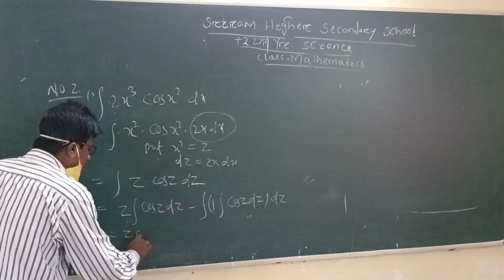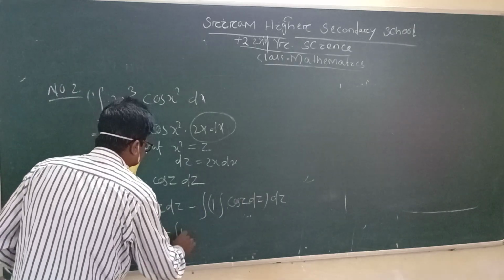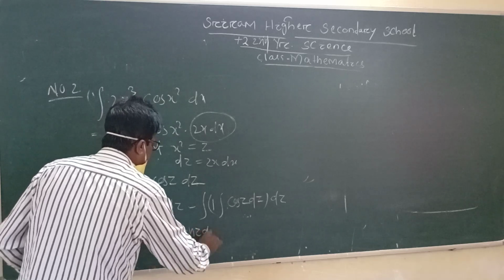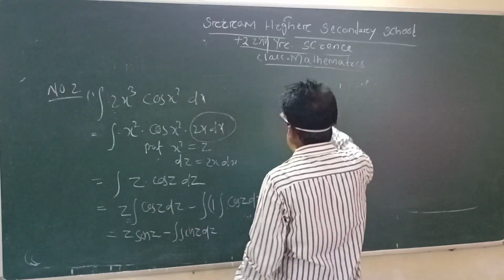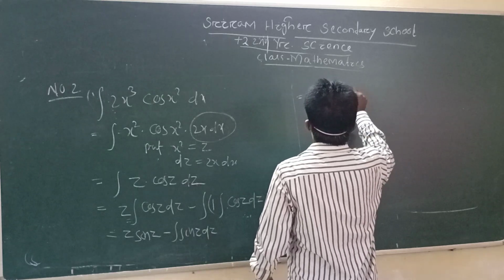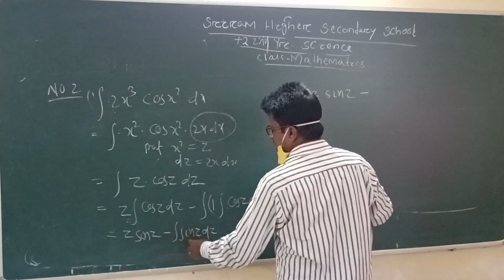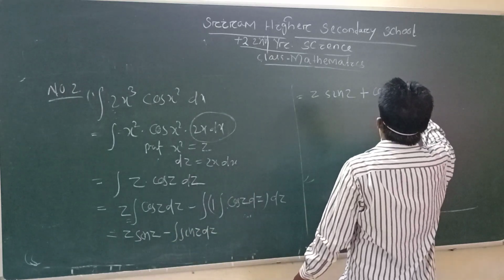No doubt you know the integration of cos z is equal to sin z. Next, it becomes z sin z minus the integration of sin z, which is minus cos z, so minus minus becomes plus cos z, plus c.